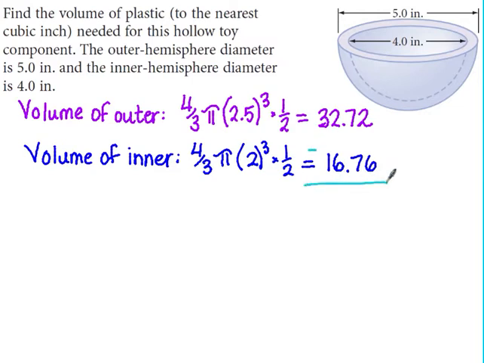Subtract those two. So what's the volume going to be? Oh, I didn't do my pi, that's why. 15.96. Label is inches cubed. So there you go. Questions? So far, so good?